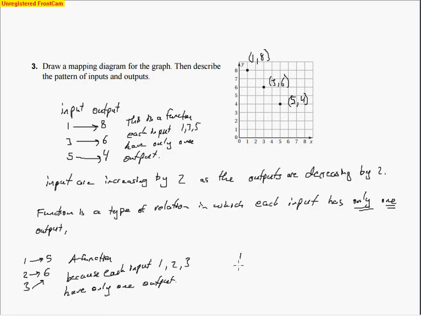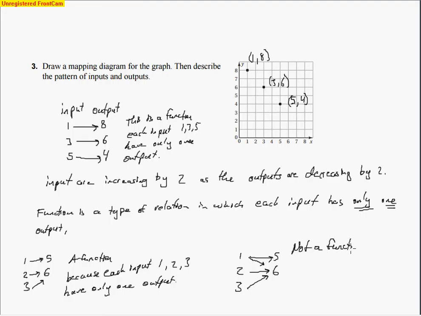So let's use those same inputs, 1, 2, 3. Let's say I have 5 and 6 again, and I'll go ahead and draw the same sort of image that I had before, 1 to 5, 2 to 6, 3 to 6. But let's say I also do 1 to 6. So this is not a function, and here's the reason.